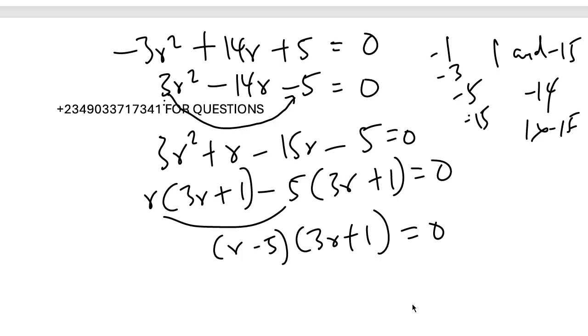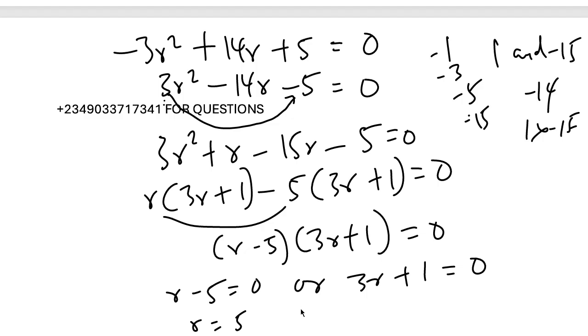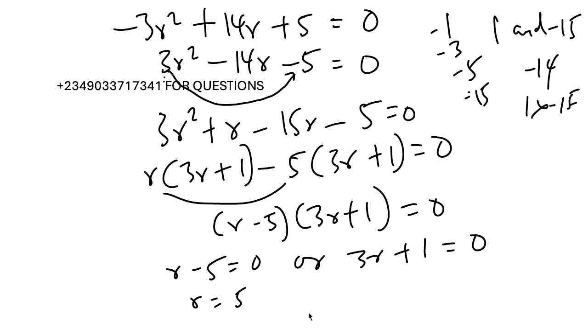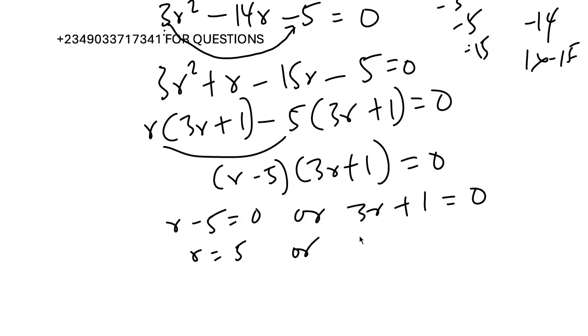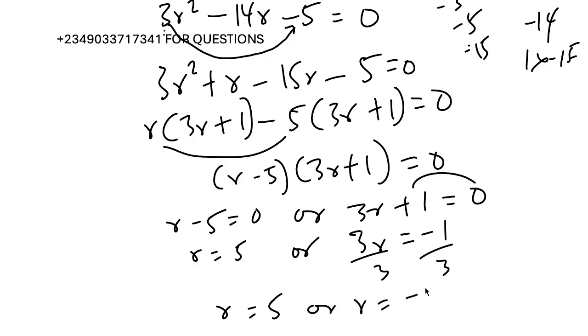So from this point now, we can solve this equation as r minus 5 is equal to 0, or 3r plus 1 is equal to 0. So that means r, the negative 5 crosses over, becomes positive 5, or 3r, the positive 1 crosses over, becomes 3r is equal to negative 1, and then dividing through by 3, we'll now have that r is 5, or r is equal to negative 1 over 3.